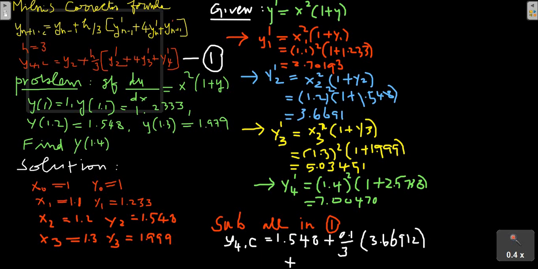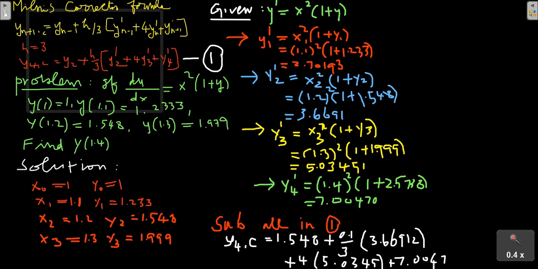then plus 4 times y3 dash, which here is 5.03451, plus y4 dash, which is how much? Plus 7.00470.